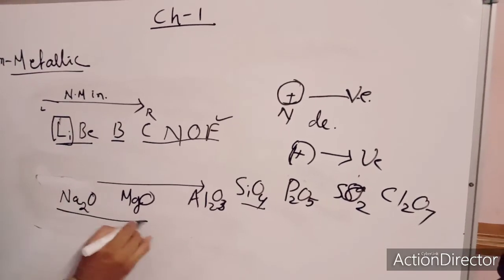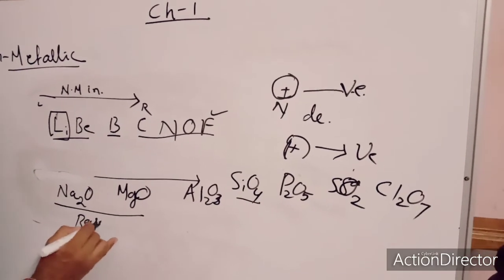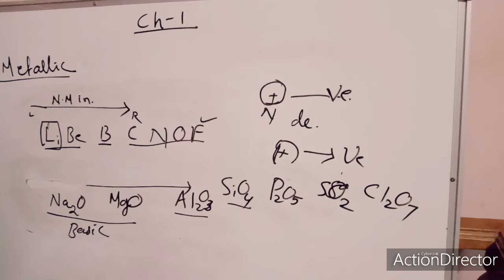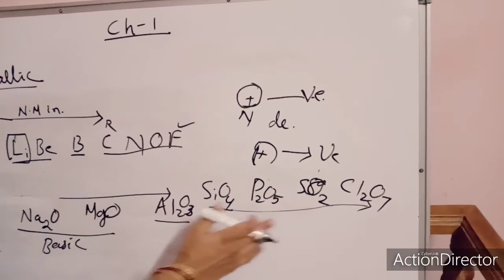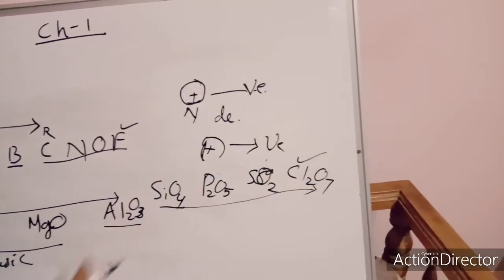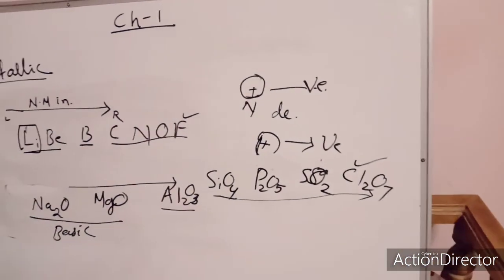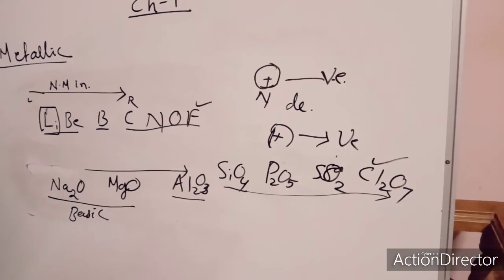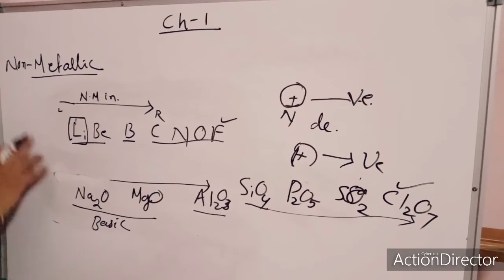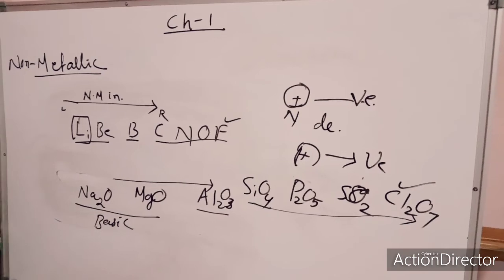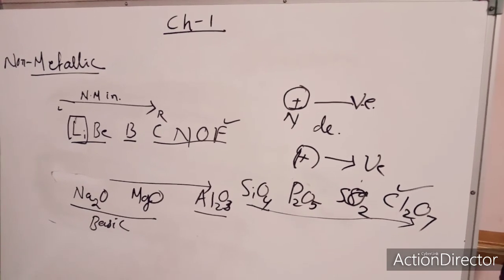So the first two are basic oxides, this one is an amphoteric oxide, and from this side the acidic character increases. Chlorine oxide has the highest acidic character. So here I am concluding the non-metallic property, which changes periodically.